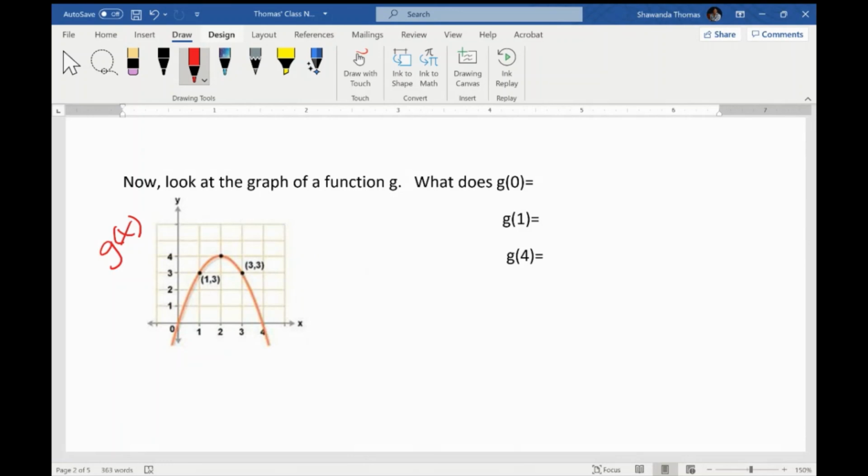I'll give you 60 seconds to do that, and then we'll discuss the answer, and then we'll transition to the quiz. All right, 60 seconds. Let's look at the graph and write down some of your answers.